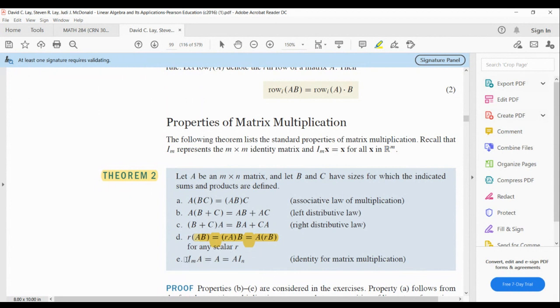Also, the identity: if you have an identity matrix times A, that'll equal A, and that'll also equal A times the identity matrix. That's why they call that diagonal matrix I, with ones down the diagonal, an identity matrix, because I times A equals A times I.